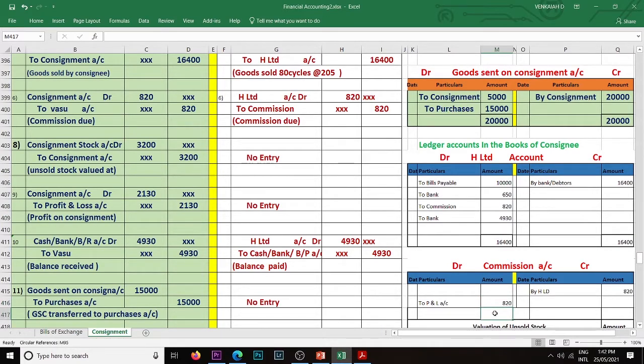We'll close this account. Simply we'll pass the entry here. Commission account debit to P&L. Commission transferred to P&L.